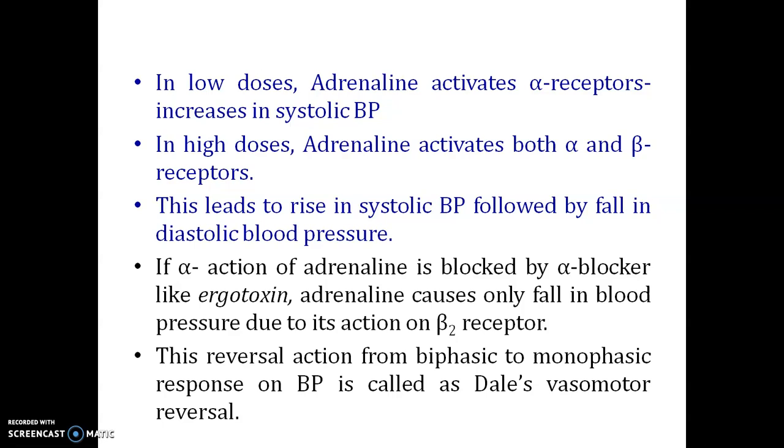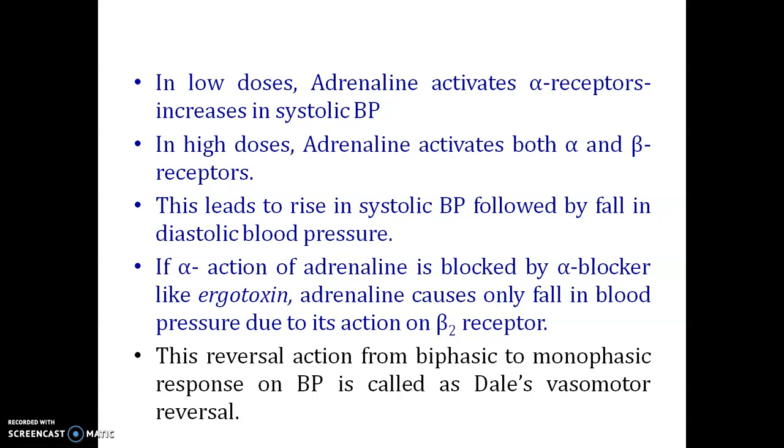So, if the alpha action of adrenaline is blocked by an alpha blocking agent like ergotoxin, and then adrenaline is administered, adrenaline will not produce the alpha action, that is, it will not produce the rise in blood pressure.